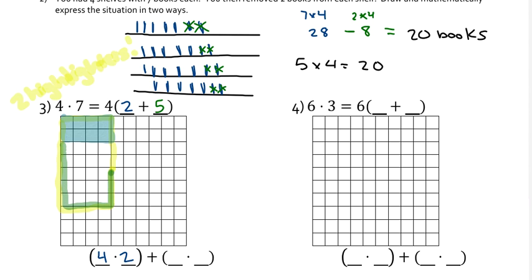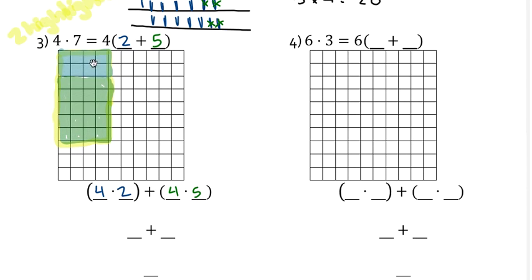So that breaks it up into a nice 4 by 5 space, and 4 by 5 means I'm going to multiply 4 times 5. So now 4 times 2, the area of that blue spot there was 8, because there's 8 squares.